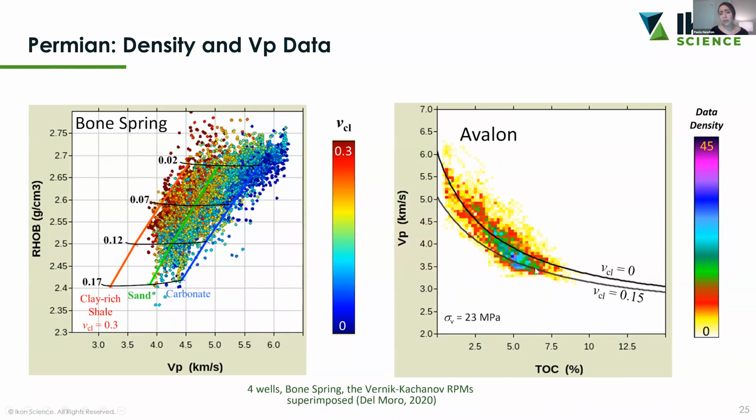On the right, we have the Avalon, and we can also use the model, which is Bernie Cashano, my mistake not to pronounce the reference. And this is from the Del Moro 2020 paper, if you want to look at the details in the Permian calibration. So this is a model that we could also relay, but now in terms of TOC.